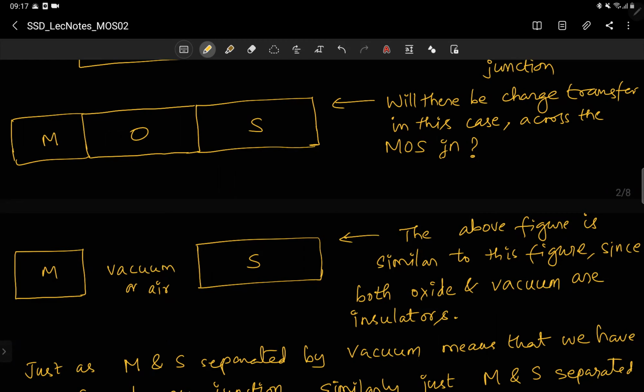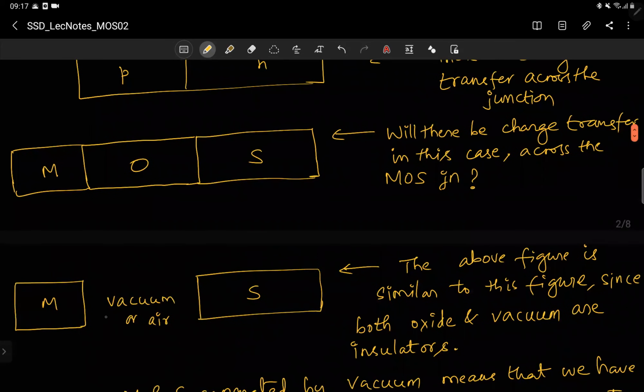That's not possible. So if you cannot have this kind of charge transfer happening, if you hold metal in the left hand and semiconductor in the right hand, how can you expect charge transfer to happen just because you have some solid in between? MOS: the O is also an insulator. Vacuum also is an insulator. Fine. To take an electron from metal into oxide, you don't need as much energy as in the case of metal to vacuum.